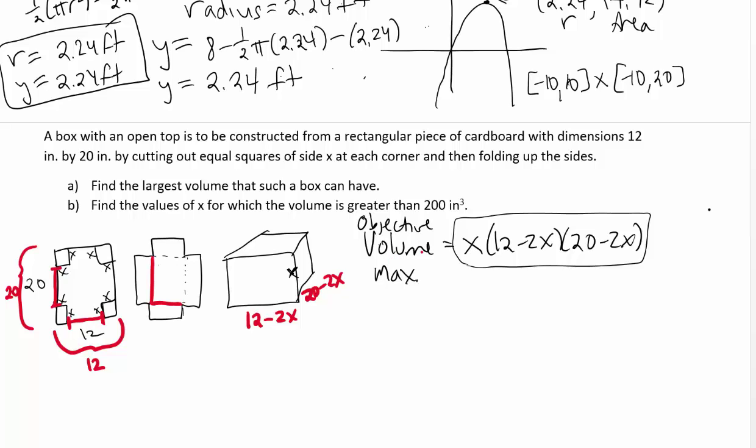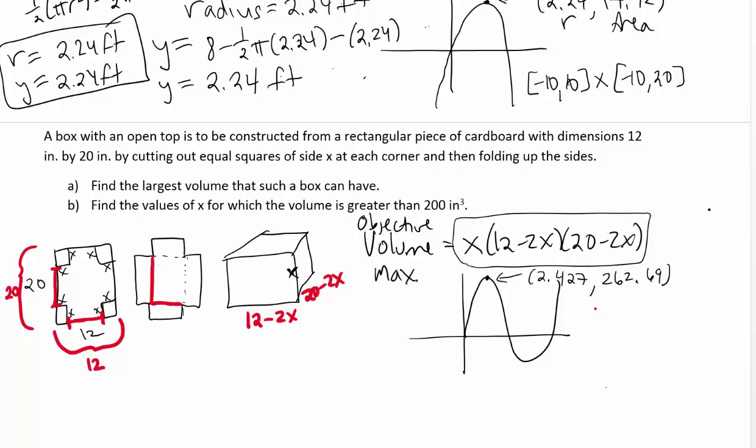So in our work, we would want to show that graph, which looked kind of like this, and I would want to label my maximum, which had coordinates 2.427, comma 262.69.